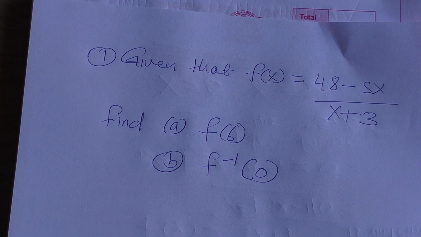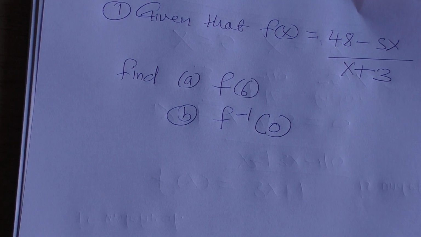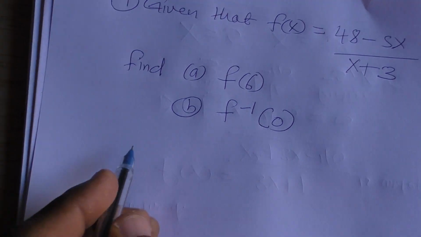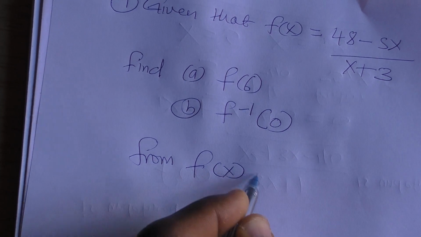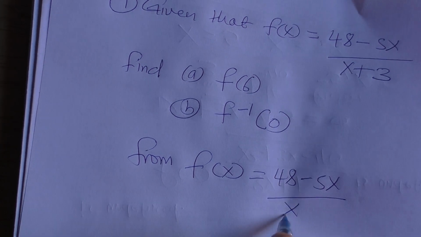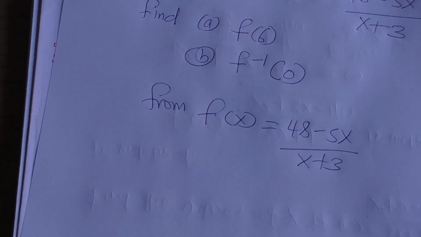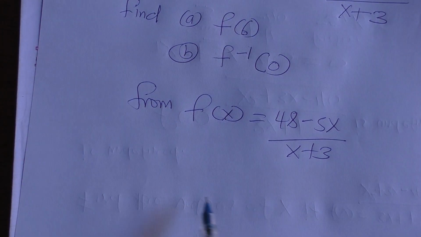Part A is quite simple because it only requires us to substitute. So we shall say from the f of x, which is 48 minus 5x over x plus 3, where there is x is where we shall replace with 6.